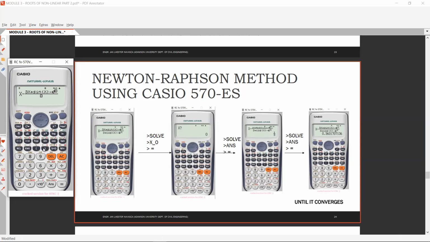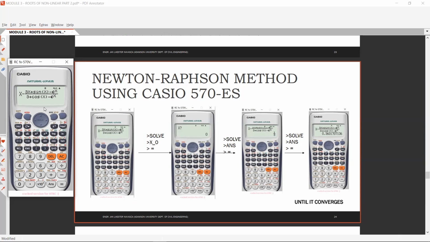Then ilagay niyo yung function sa taas, yung derivative sa ilalim: 3 plus cosine of x minus e raised to x. Nasusundan ba to, class?